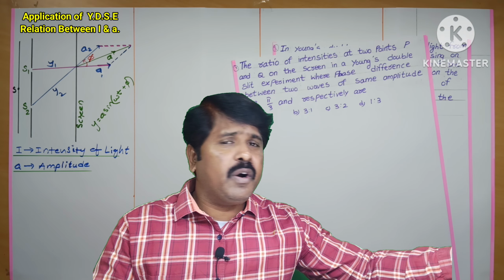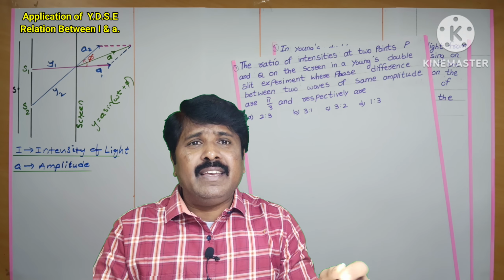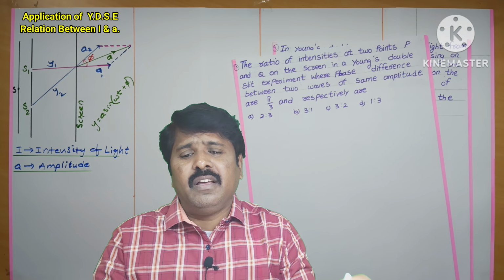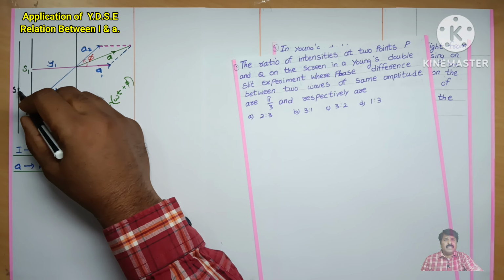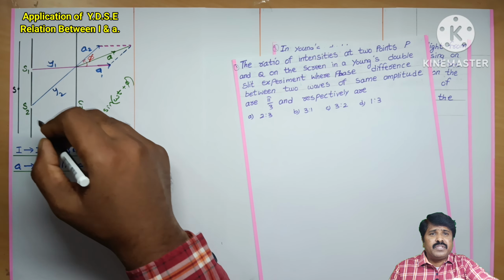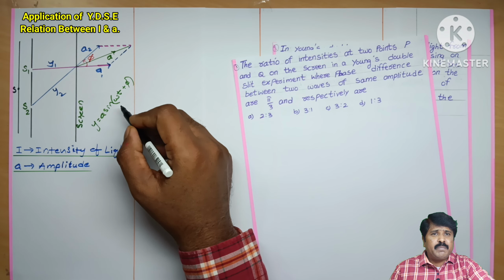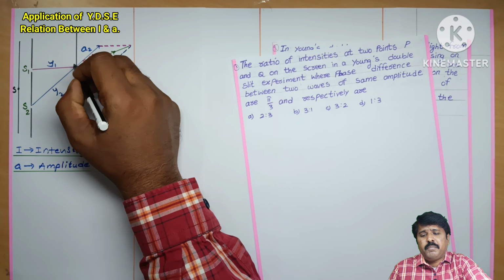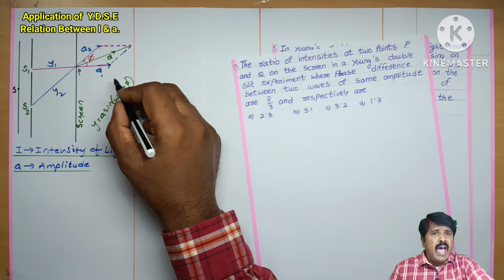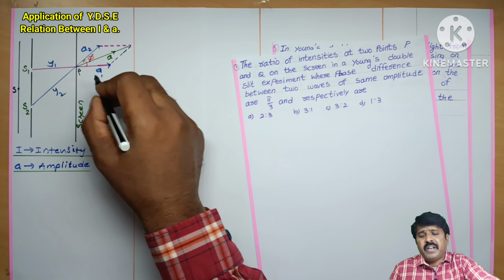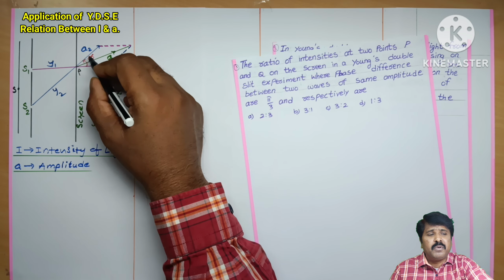See student, according to the YDSE, Young's double slit experiment, there is S1, the source, S1 and S2 are the two coherent sources, Y1 and Y2 are the displacements, and at a point P we are considering amplitudes that are different. For Y1 the amplitude is A1, for Y2 the amplitude is A2.